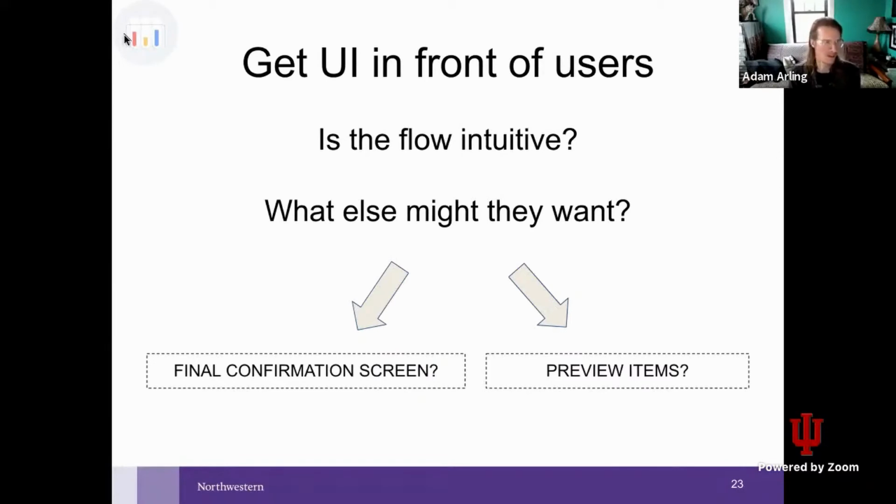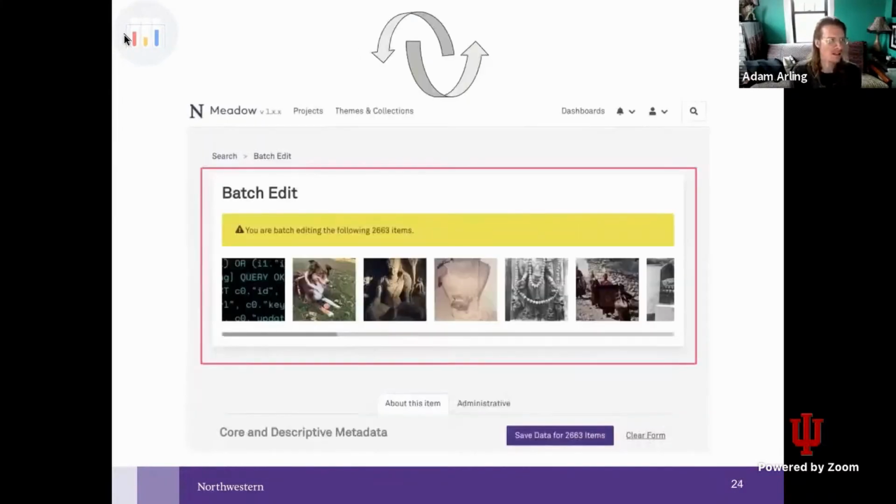For example, some helpful feedback we received in the beginning stages of batch was a request to get a quick visual of what the users were actually editing before, say, mistakenly changing the wrong 1,000 items. Users also said they thought it would be helpful to have some kind of built-in safety check, similar to what GitHub does before you completely wipe out or remove a repository.